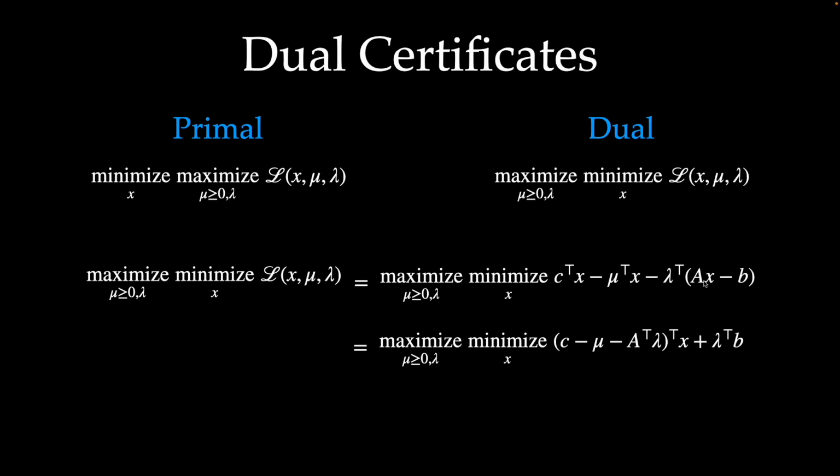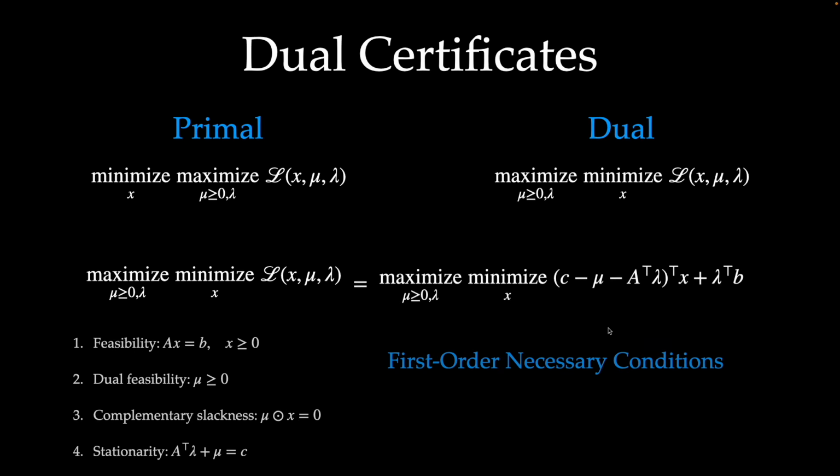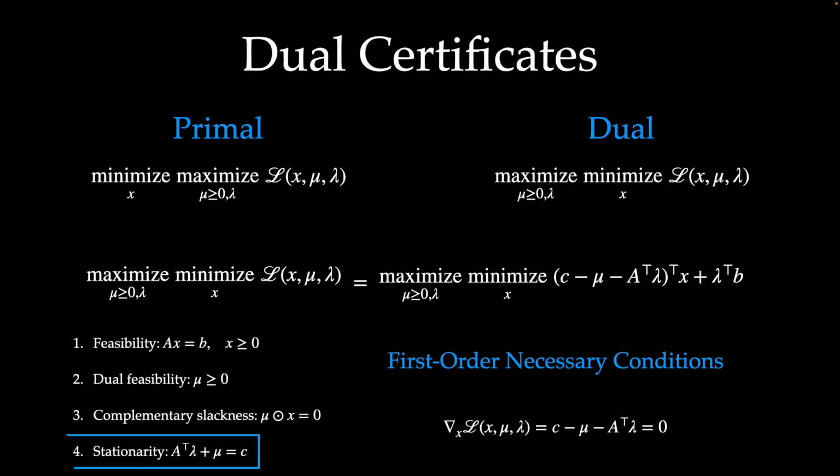Now to simplify this, we can return to our friends the first order necessary conditions, applying the stationarity condition, where we took the gradient of the Lagrangian with respect to x, which gives us that c minus mu minus A transpose lambda is equal to 0. That comes from stationarity, and so that allows us to drop this term since it's 0.